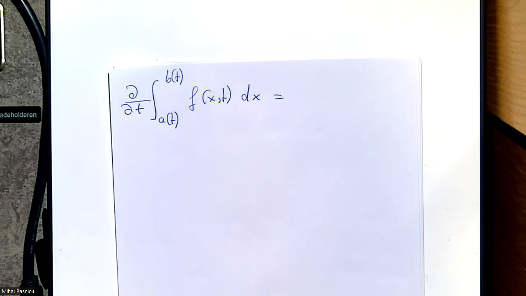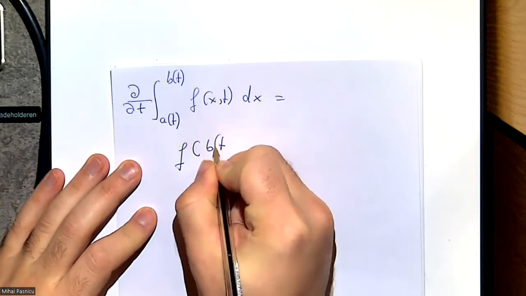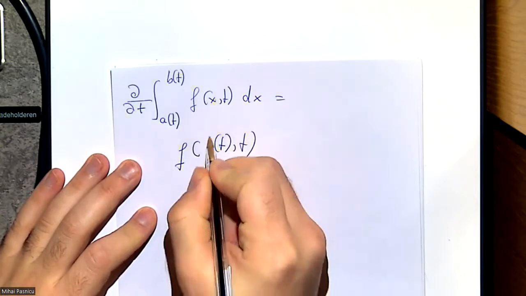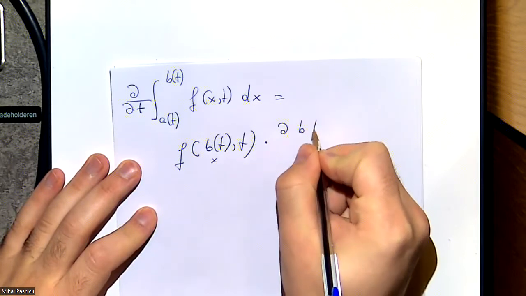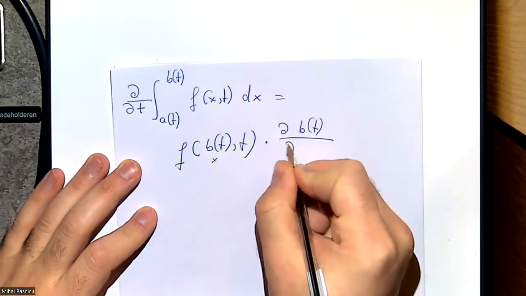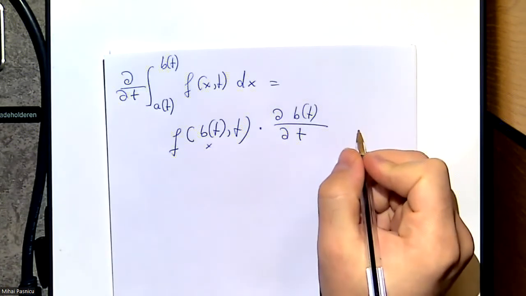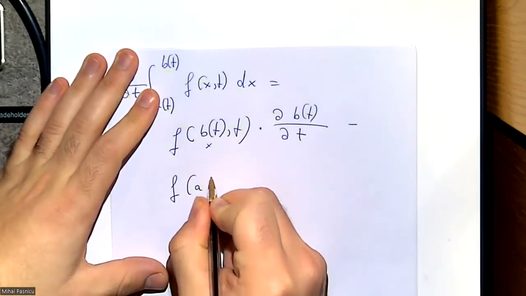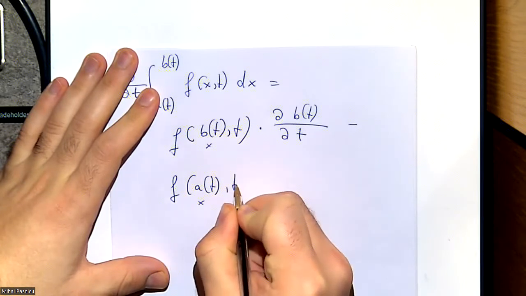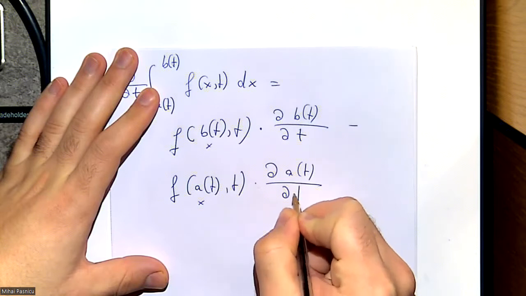So you just evaluate f at b(t) instead of x, and then multiply by the derivative of b(t) with respect to t. Then you put f at a(t) instead of x, and you multiply by the derivative of a(t) with respect to t, subtracted.